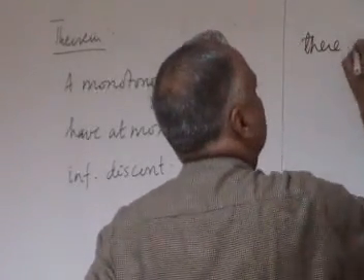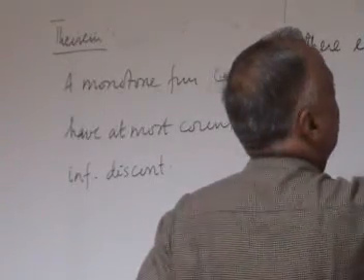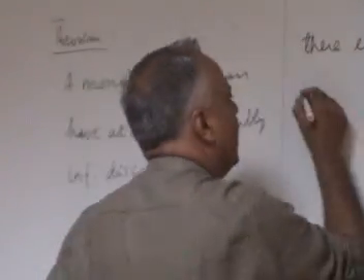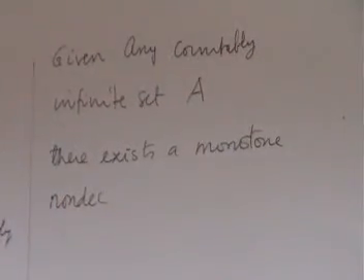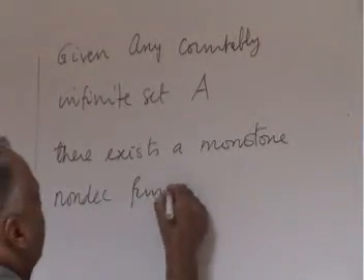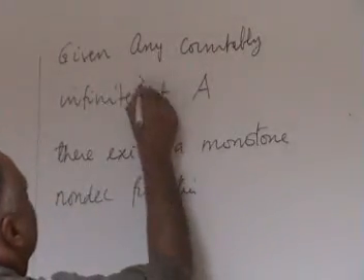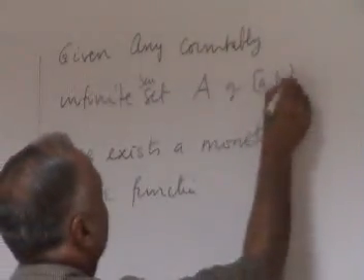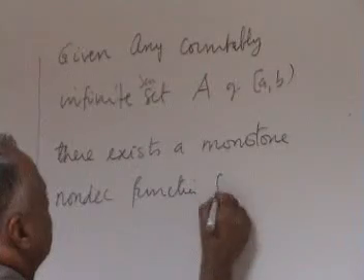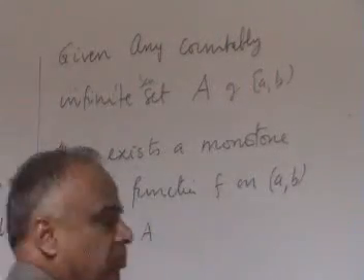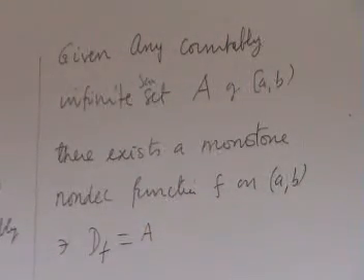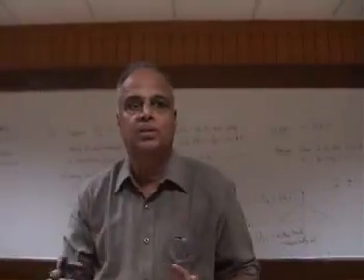Given any countably infinite subset A of [a,b], there exists a monotone non-decreasing function f on [a,b] such that precisely at those points it is discontinuous. If you want non-increasing, you can take the minus of it. Exactly, for any countably infinite set you can construct a monotone non-decreasing function.